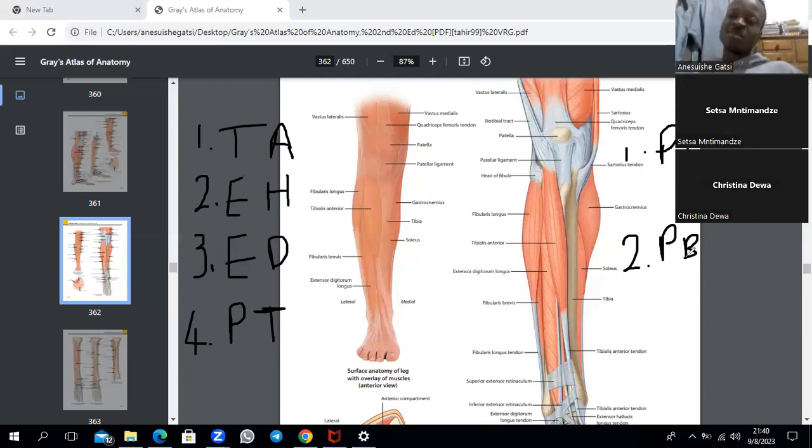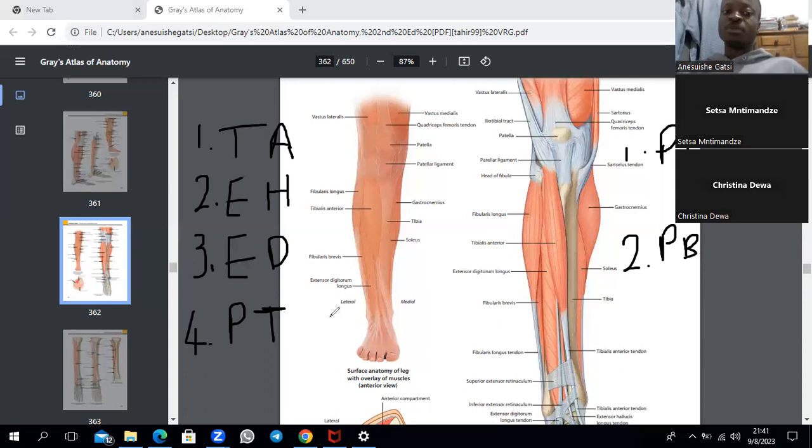Peroneus, remember I said it means fibula. So these are muscles also originating from the fibula, just like the muscles in the anterior compartment. There's a reason why I've brought these muscles together here. The insertion for every muscle in the lateral compartment will resemble an insertion of a muscle in the anterior leg.